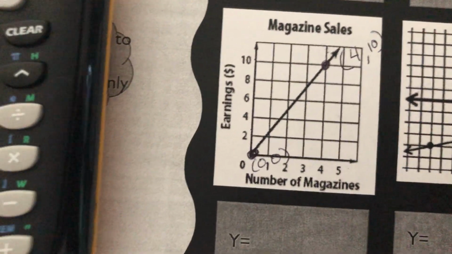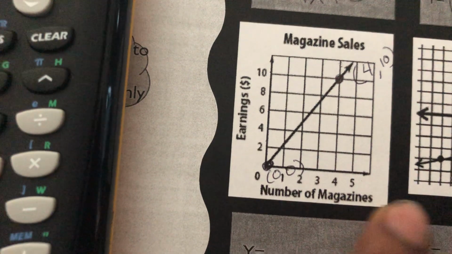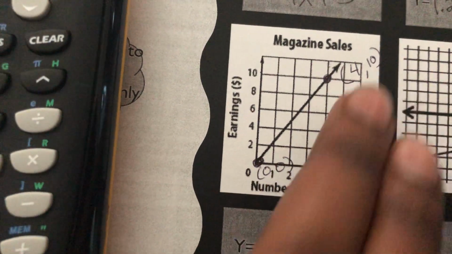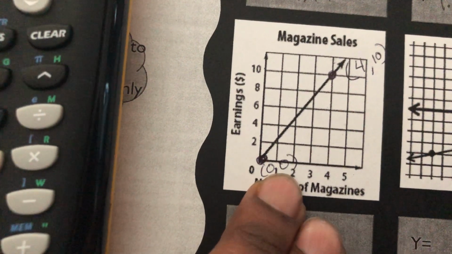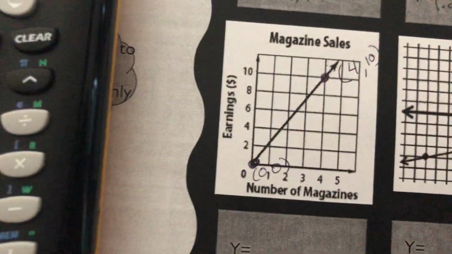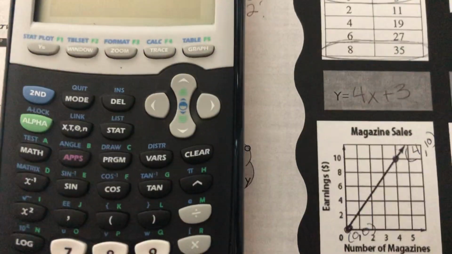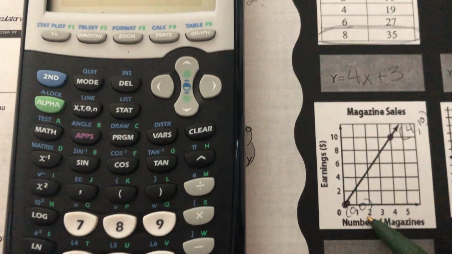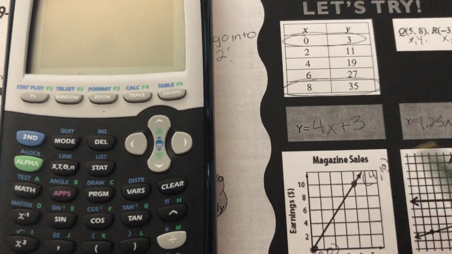If we're looking from left to right, not only is this positive, but this point comes first, that point goes second. So this is your x1 and your y1, and this one is your x2 and your y2. So we're going to treat them as such.